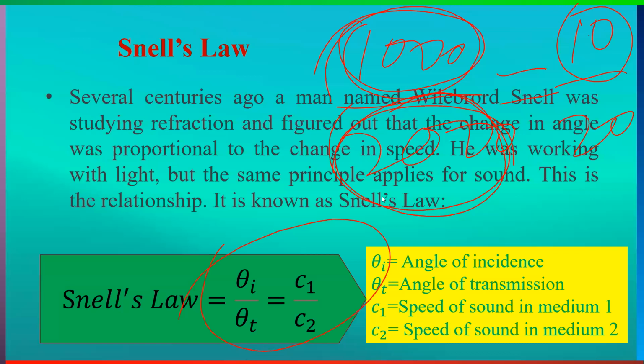This is medium 1, this is medium 2, this is speed of sound in medium 1, this is speed of sound in medium 2. So if c1 is greater than c2, then what will happen? Then there will be a deviation of sound wave towards the normal.